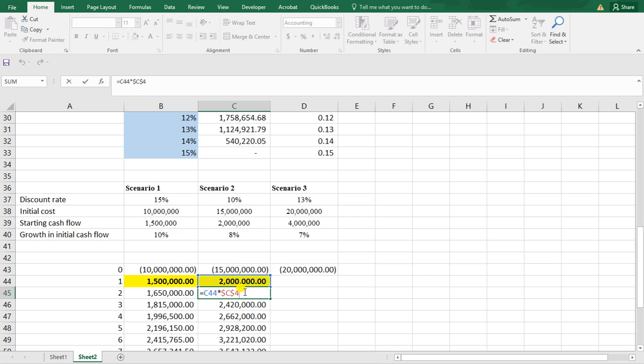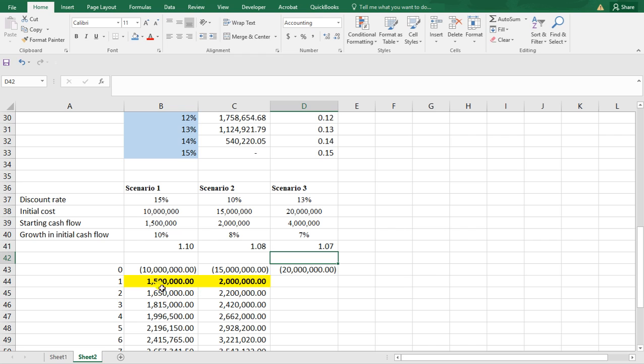Our growth rate, basically now, I'll be having my growth rate to be 1.08, right? Remember this, basically, we had it to be the same because it was just like what you had on top there. So in this case, if I were to copy our formula, let me do this: 1.1, this is 1.08, this is 1.07, the growth rate, right? Because they are increasing at the rates that you're given.